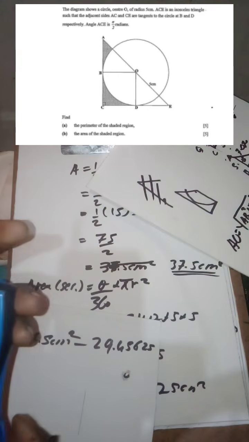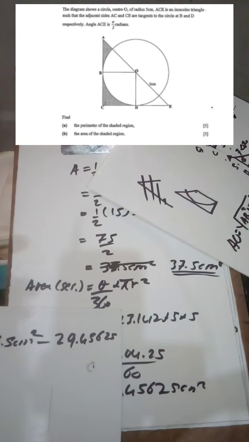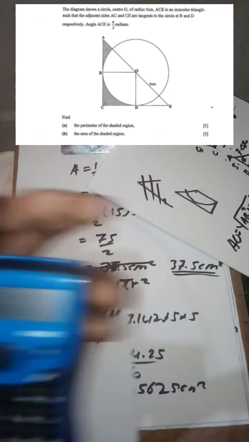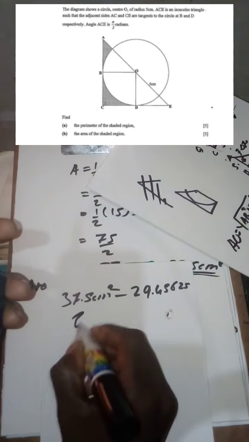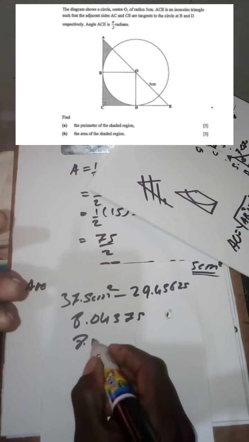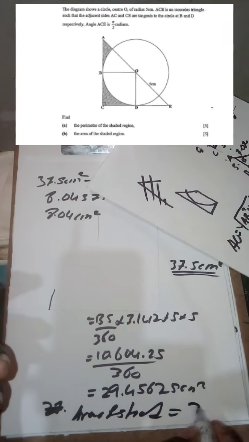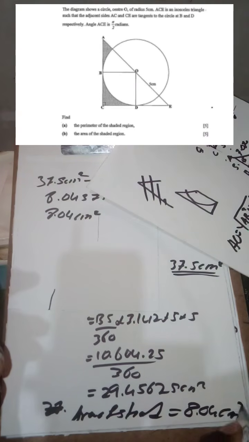So I say 37.5 minus 29.45625. What you're going to get is 8.04375. You round this off and we get 8.04 centimeters squared. So the area of the shaded part is equal to 8.04 centimeters squared.